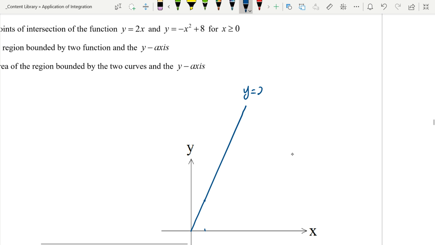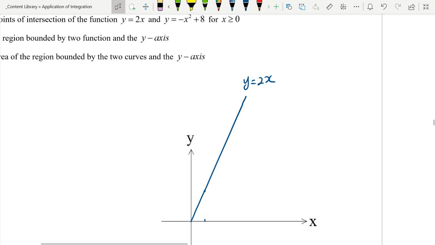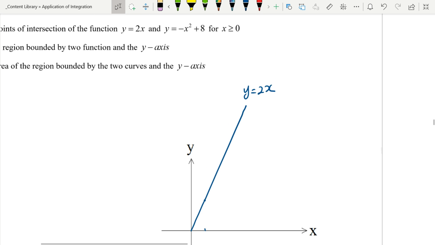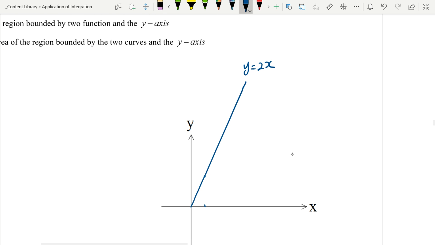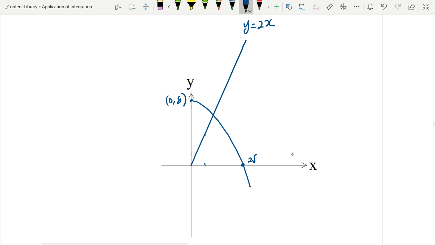So that one is y equals 2x, and we have another one, y equals minus x squared plus 8. Which is this half of the graph. We have 0, 8 and 2 root 2 comma 0.